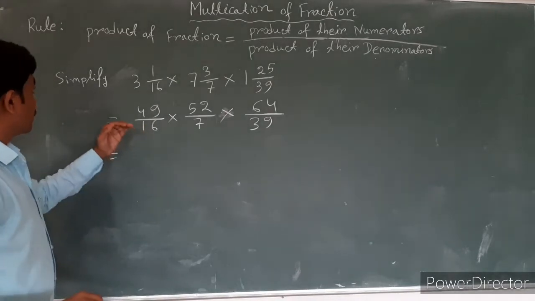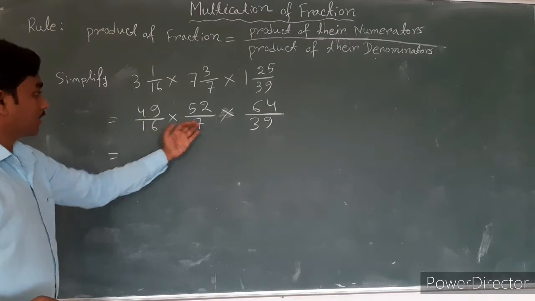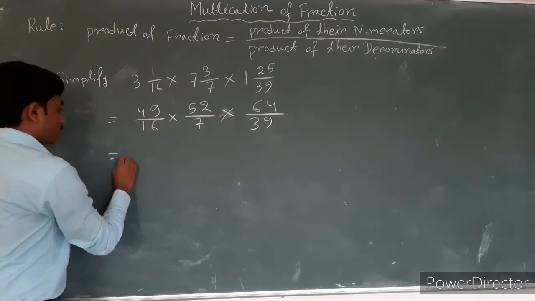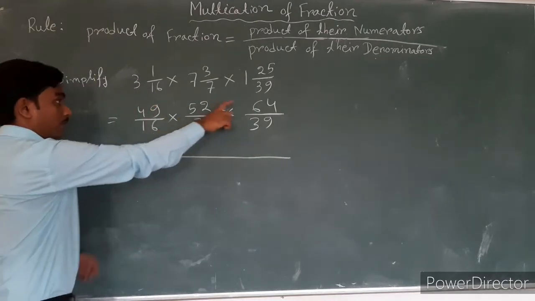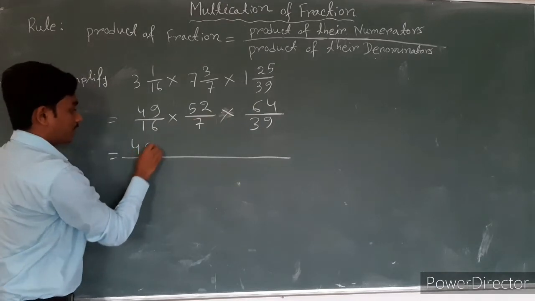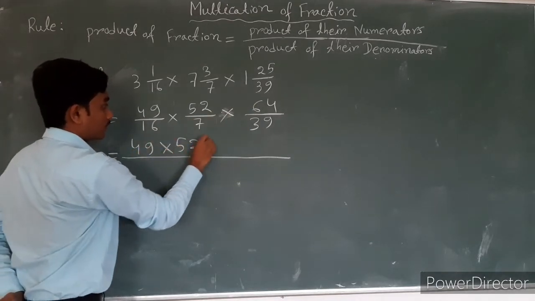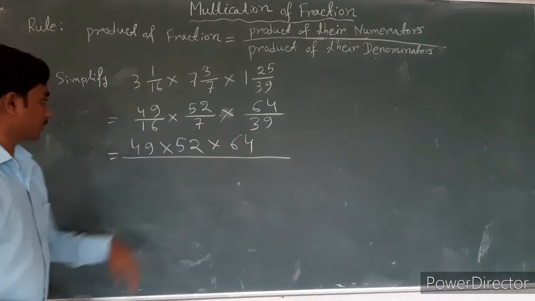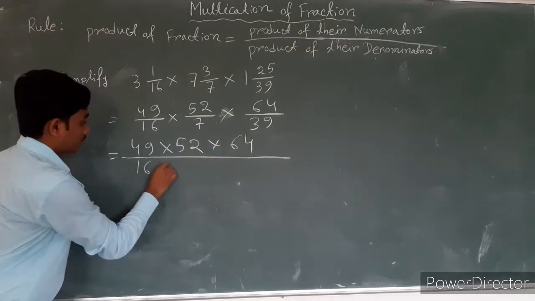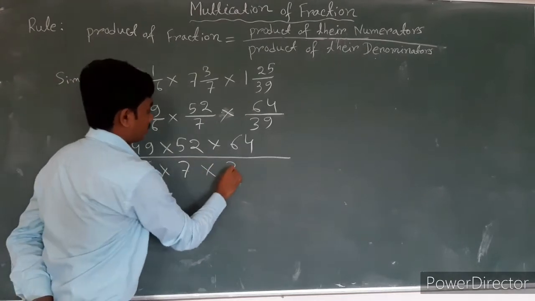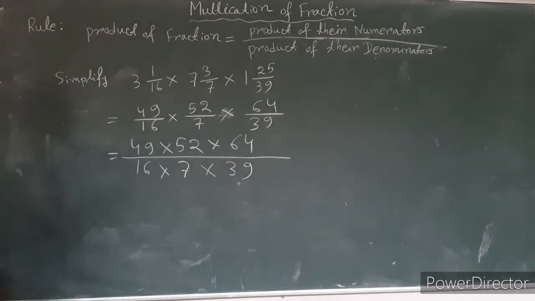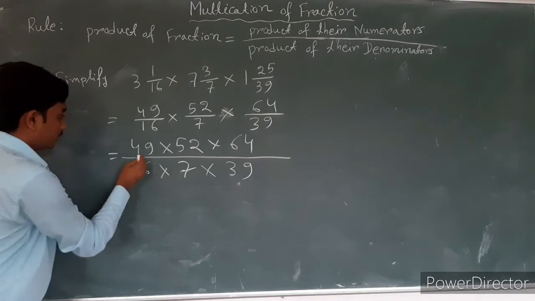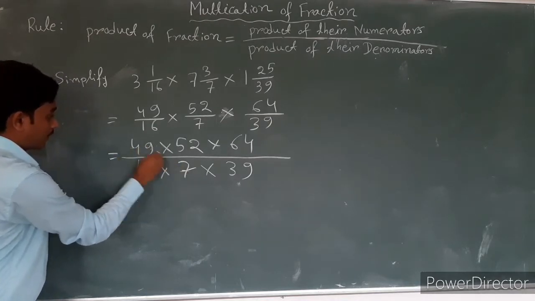Next, according to the rule of multiplication of fractions, the product of their numerators, that is 49 into 52 into 64, upon the product of their denominators, 16 into 7 into 39. So it is clear that 49 is divisible by 7.